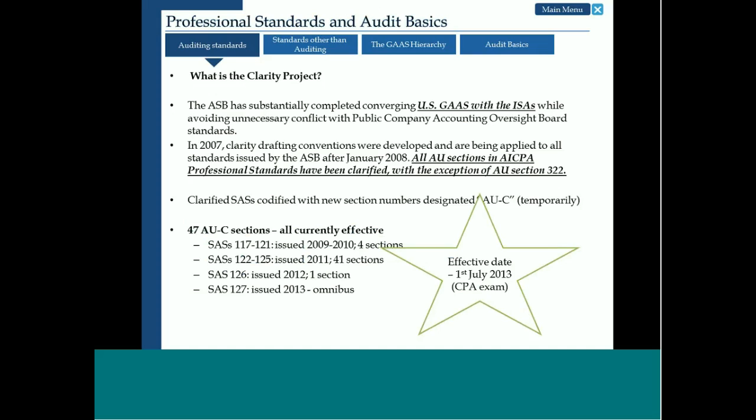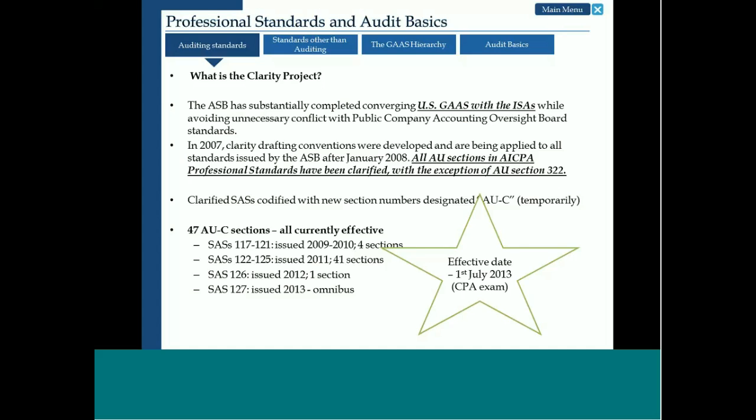We will understand all the rules defined in these AU sections. We are not going to discuss the old SAS. We are going to discuss the new provisions highlighted in the auditing sections, meaning AU sections. Further, you are not supposed to remember section numbers like AU 107 or 117.